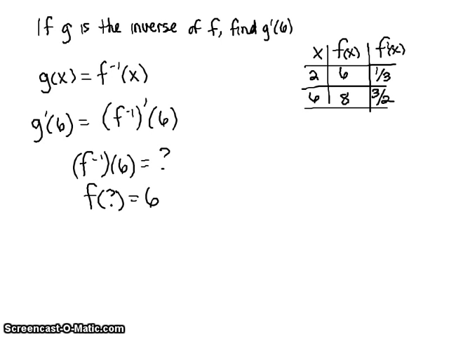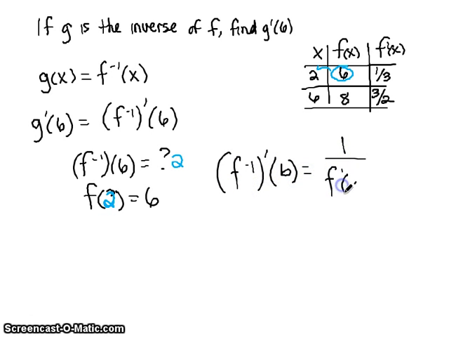So if we look at our table, we can see that f of x equals 6 when x equals 2. So we know that a 2 can go in here. f of 2 is equal to 6, so f inverse of 6 is equal to 2. So when we go to take our derivative, remember that our rule says f inverse prime of b is equal to 1 over f prime of a.